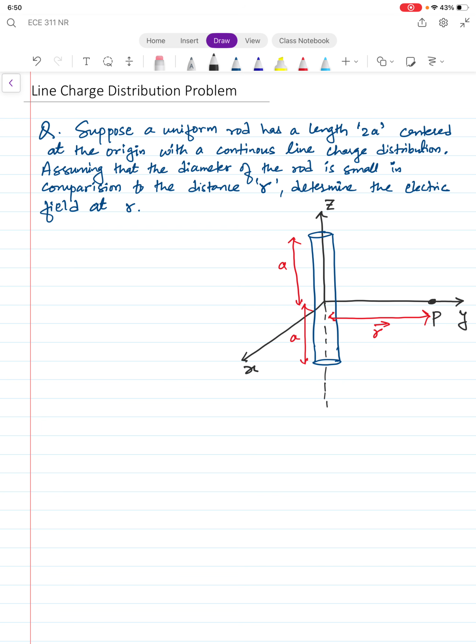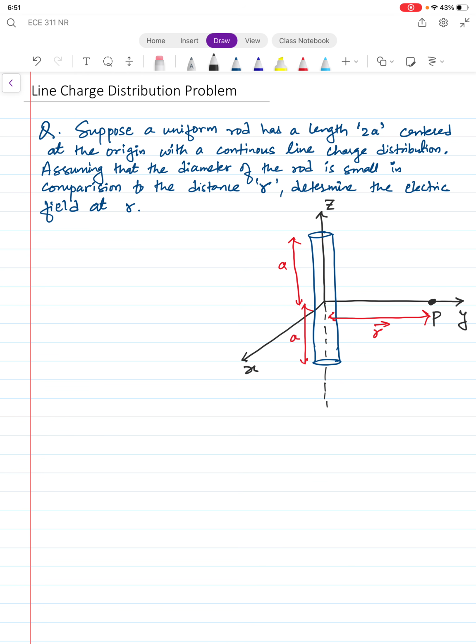So this distance r is where our point P is. So assuming that the diameter of the rod is small in comparison to the distance r, determine the electric field at the observation point P, which is at a position vector r.